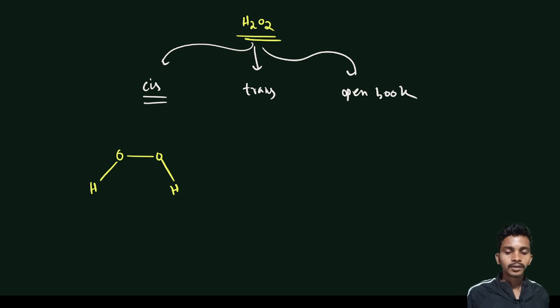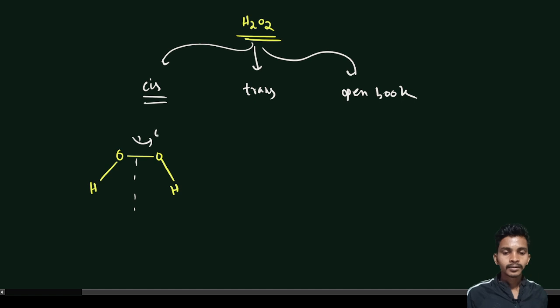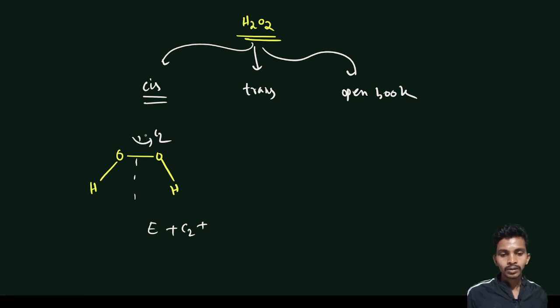Okay, so in this case we can say that C2 is there, E is there plus C2 is there plus sigma v also there. If you add these molecules, then is sigma v there?